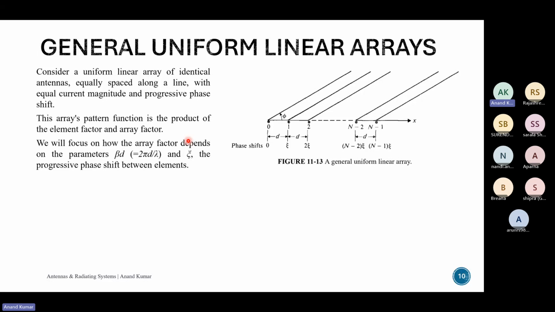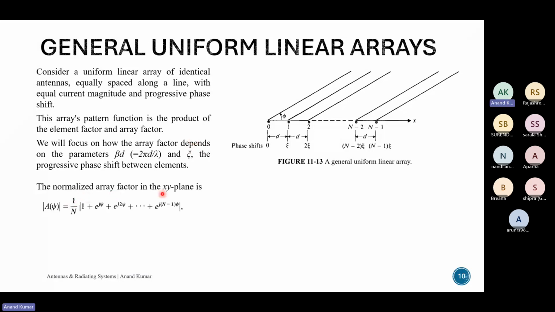So beta d is essentially based on the wavelength of the excitation, the separation between the elements, and the phase shift between the elements. These are the factors which could help us tune our array.